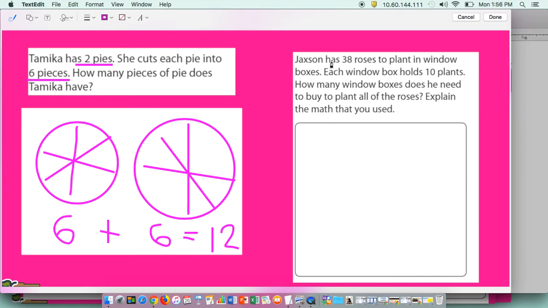All right, so I'm going to underline the information: Jackson has 38 roses. Each window box holds 10 plants. So we want to know how many window boxes he needs to buy to plant all of the roses.